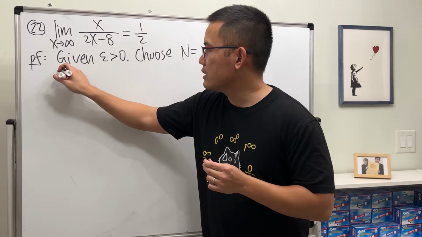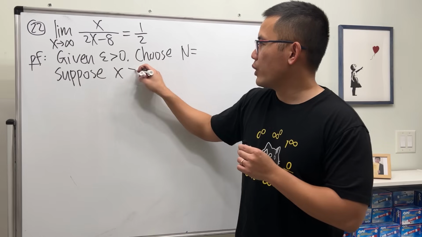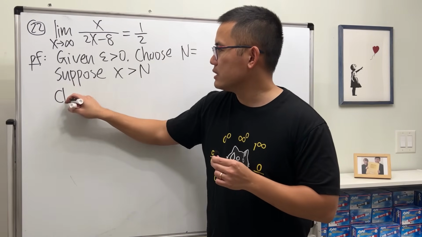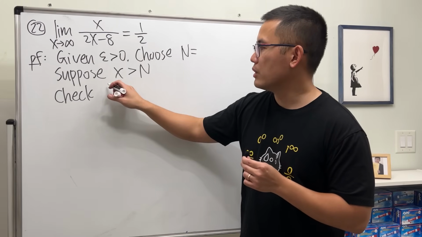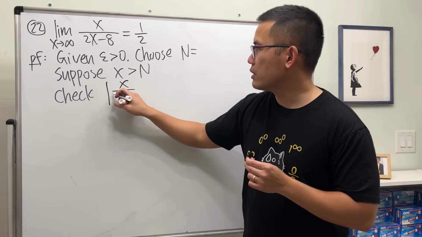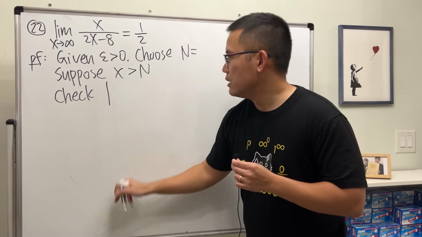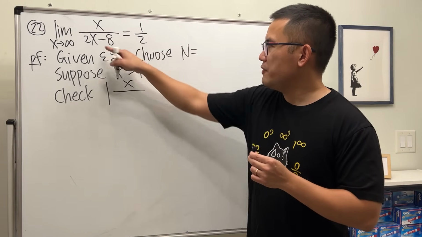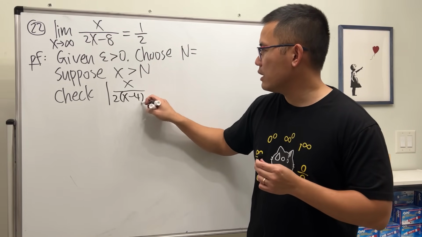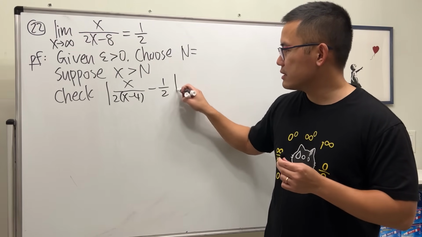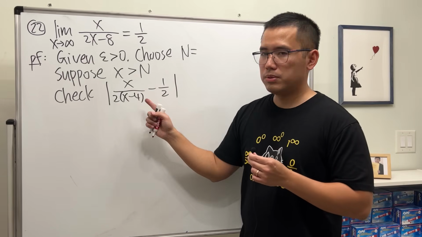Now we want to assume, suppose x is greater than big N, and we want to see that the distance between this and that is less than epsilon. So absolute value x over 2 times x minus 4, minus 1/2, like this. Let me factor out the 2 for you guys. The reason I want to do that is so that you see you don't need to multiply the 2.